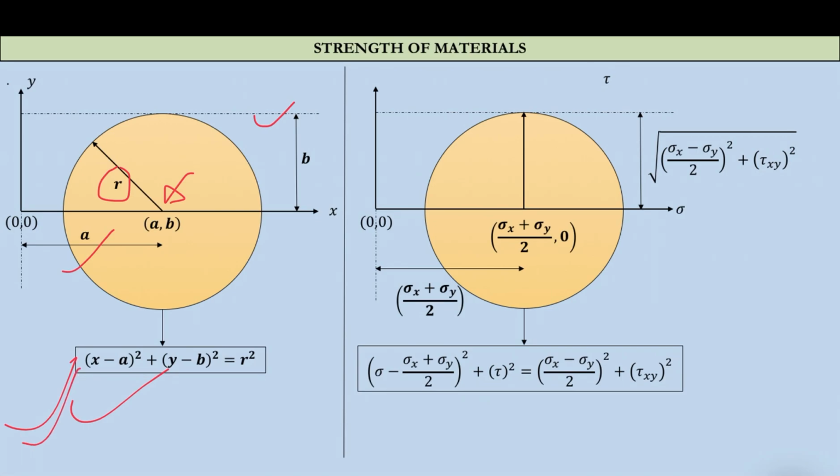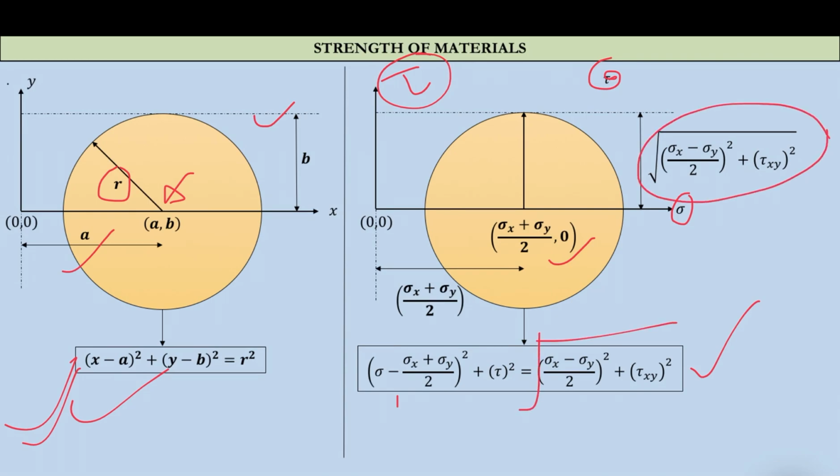On the same lines, we have an equation of a circle in terms of sigma and tau. So this is tau here, and this is the sigma axis. Our center is (sigma x plus sigma y)/2 comma 0, which is the average stress, and the radius is this quantity, the square root of whatever is in the RHS.